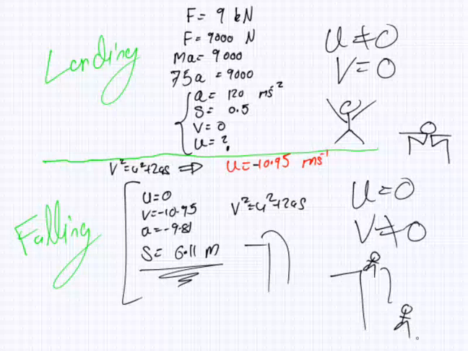So this is the landing part, and then this is the falling part. So in this part here, the U is not 0 and the V is 0, and then here the U is 0 and the V is definitely not 0. And then here, it's from here to here.